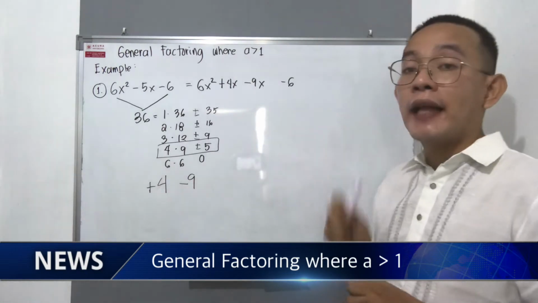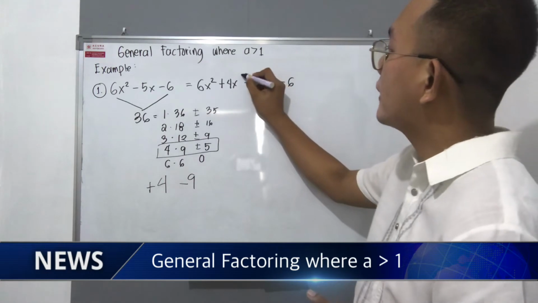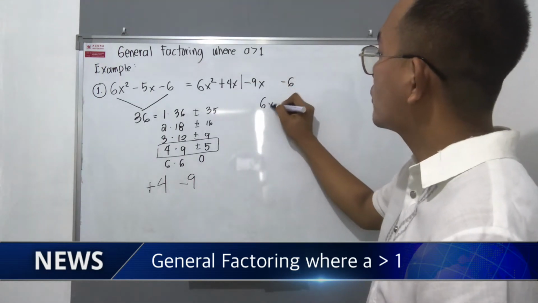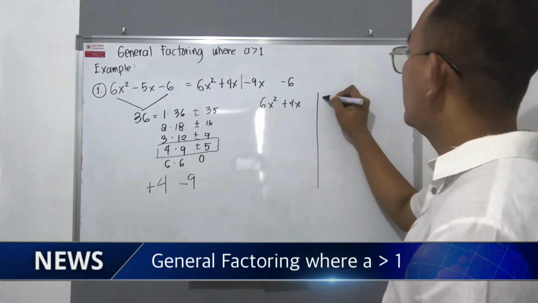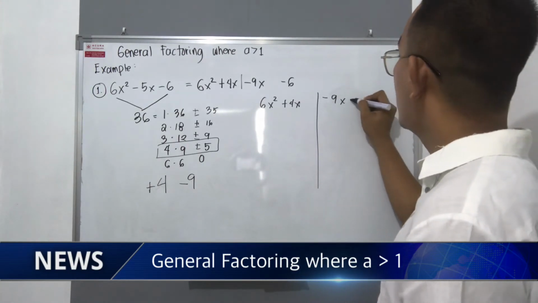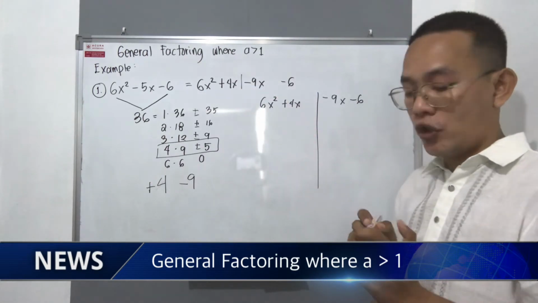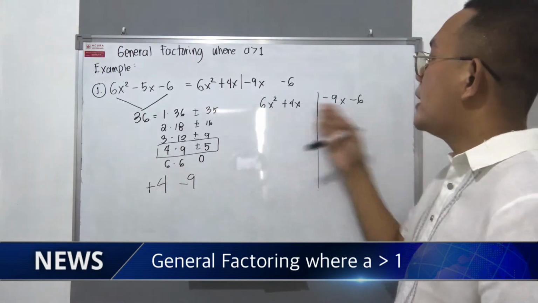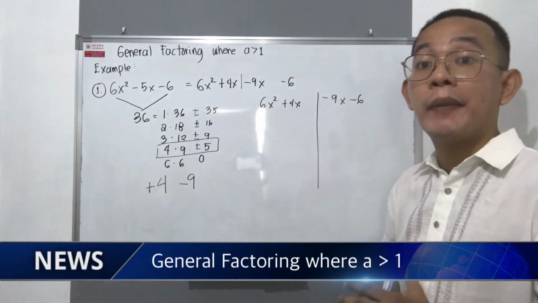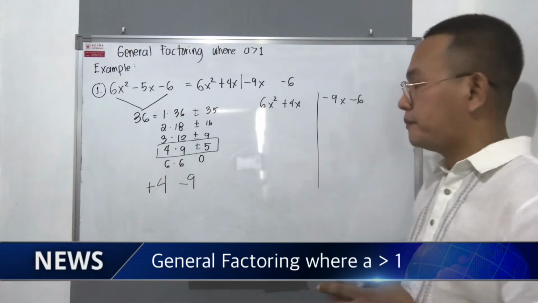Ngayon, gugroup natin sila or hatiin natin sila sa dalawa. Isang 6x squared plus 4x at isang negative 9x minus 6. Isama natin kung ano yung sign ng ating pangatlong term, kung positive yan or negative. From this expression, kunin natin yung kanilang common monomial factor.